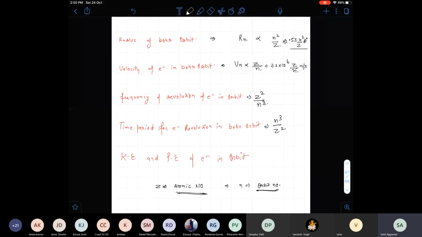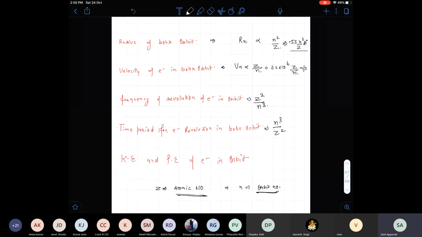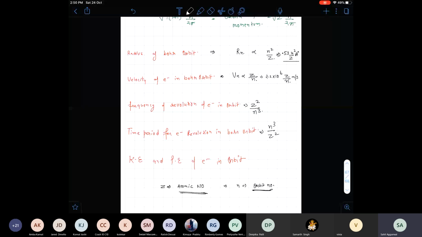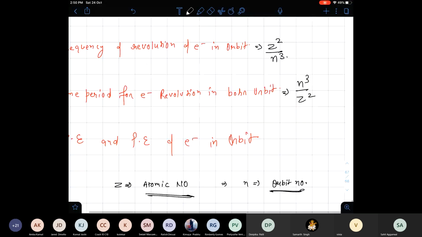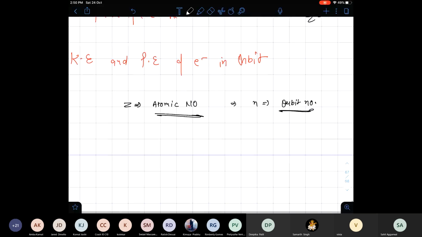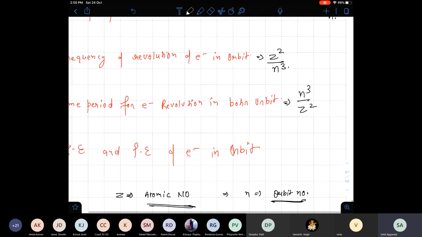Their values are not required क्योंकि वो हम बहुत कम पढ़ेंगे. All of you done?